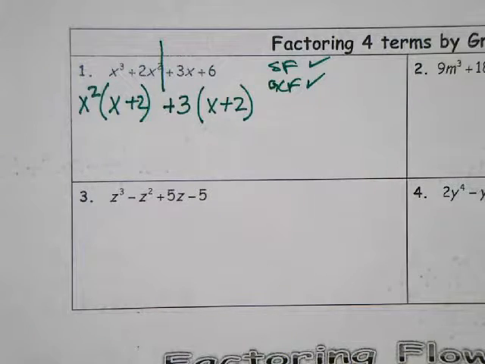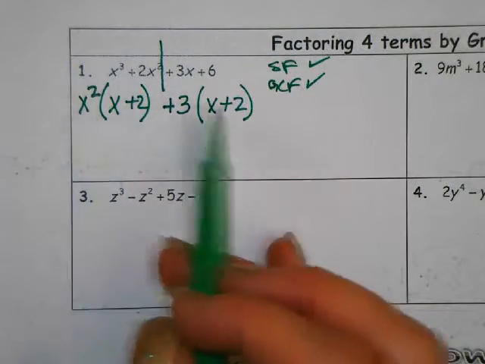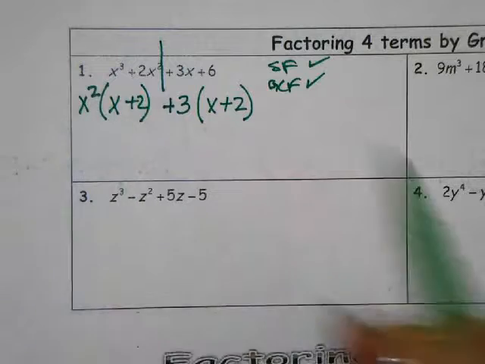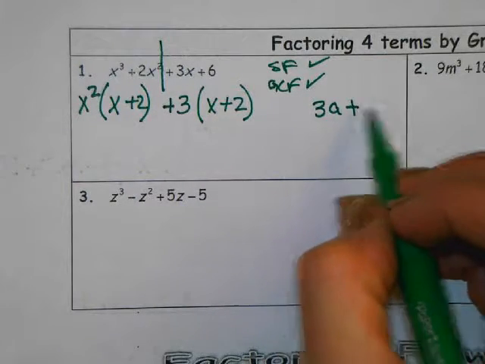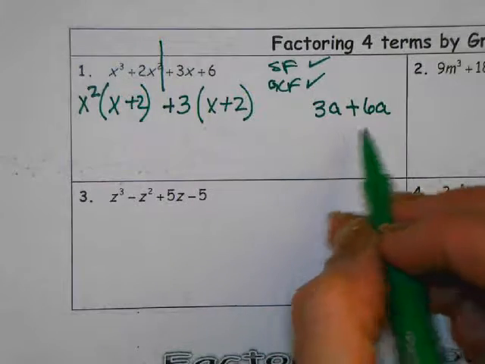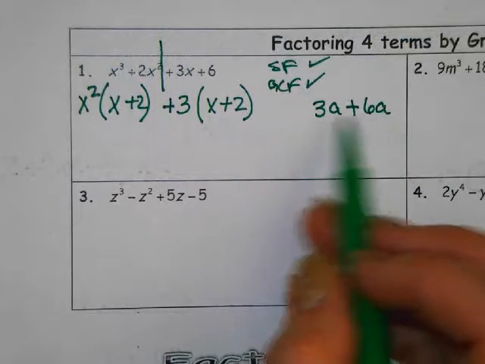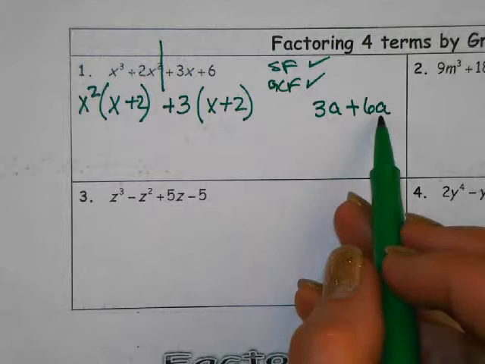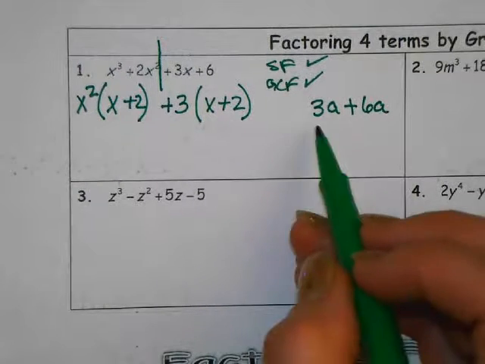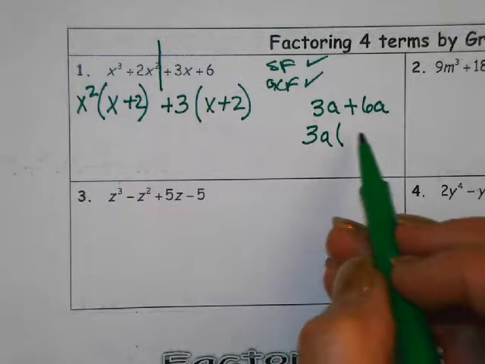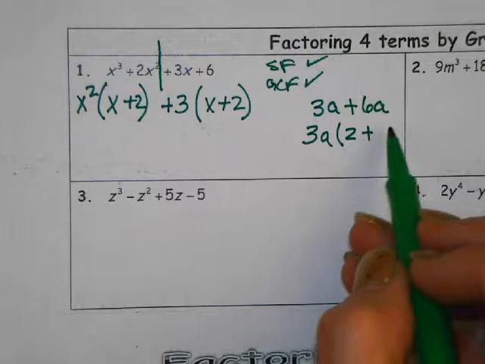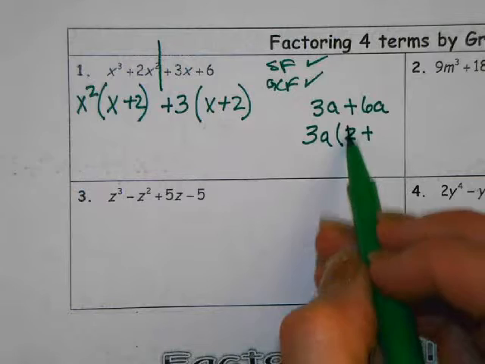So notice how I have these two expressions here, right? Well, let's say I had 3a plus 6a. If I asked you what the greatest common factor was, what would you say? You'd say it's 3a, right? And so I can pull a 3 and an a, and I'm left with, no, I'm left with 1 plus 2.